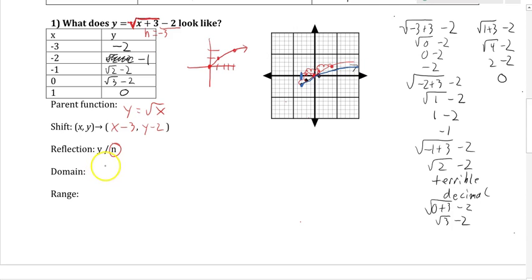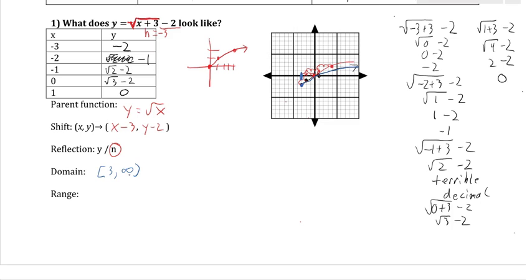And so our domain is from -3 to infinity. Wacky. In square roots, you have a domain that's not all real numbers. We can't put in -4 because we can't take the square root of a negative number. It's not a real number. It's an imaginary number. So we have to be careful when we're stating our domain to only state the x's that we can actually plug into the square root.